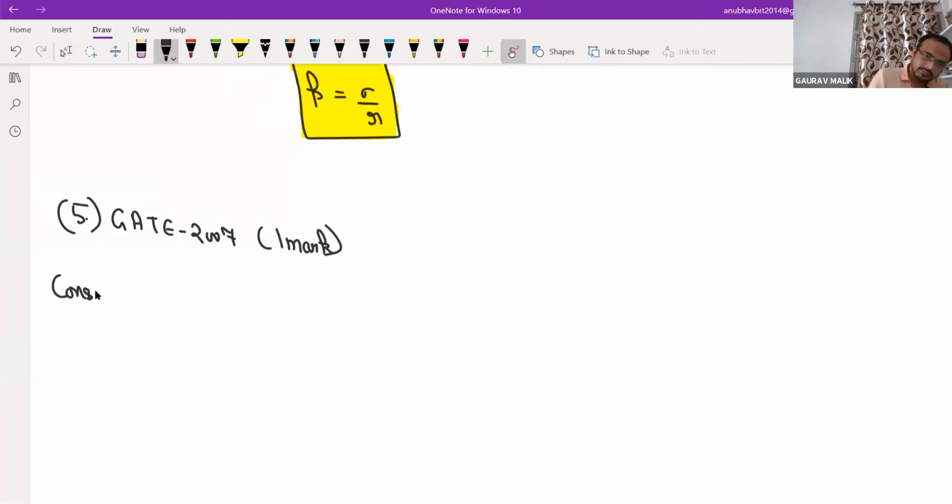Consider a soap film bubble of diameter d.